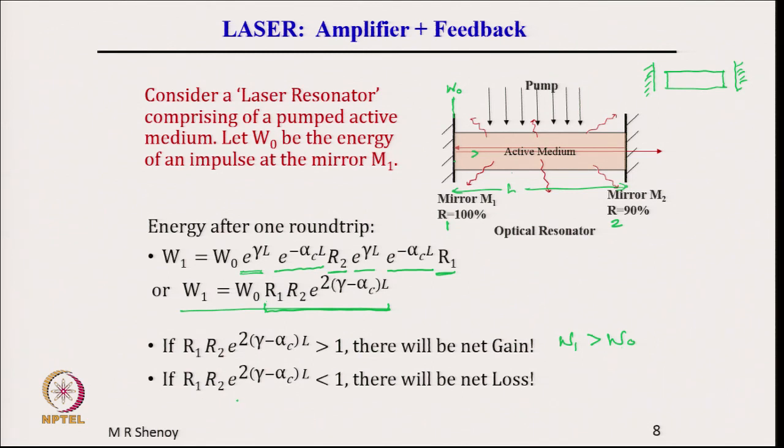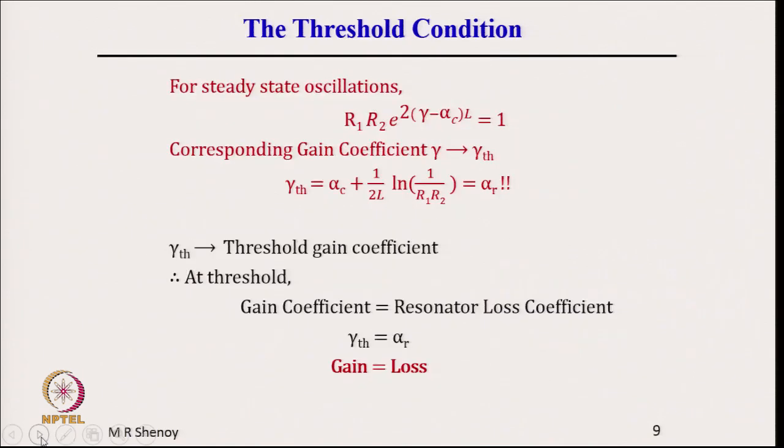And if R1 R2 into this factor is less than 1, W1 is less than W0. If it is equal, for steady state oscillations, we will show this, that this must be equal.